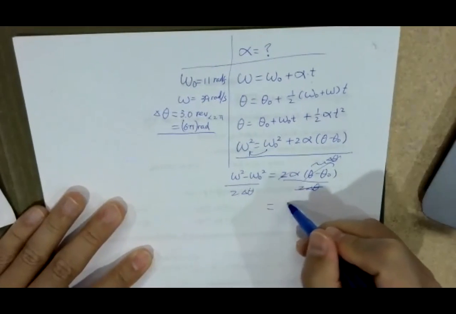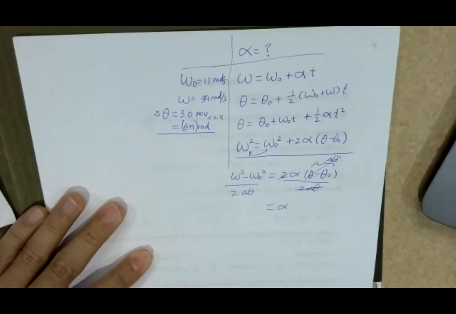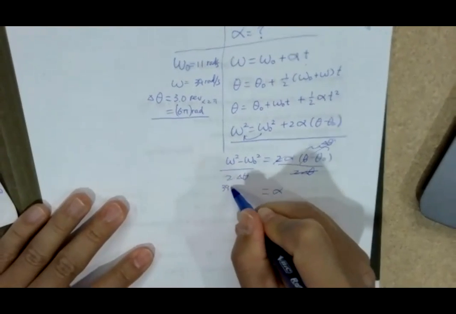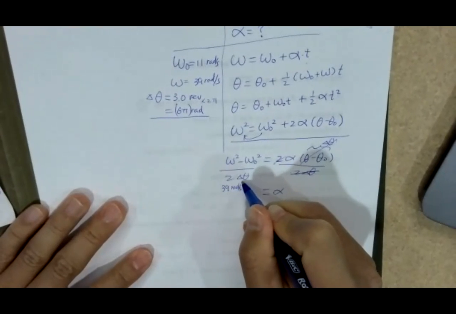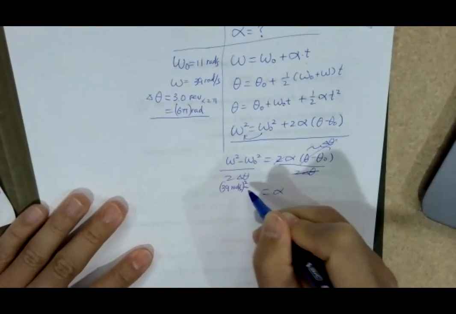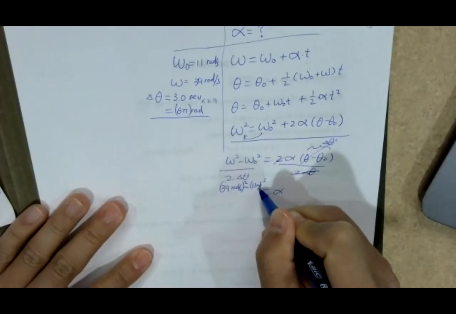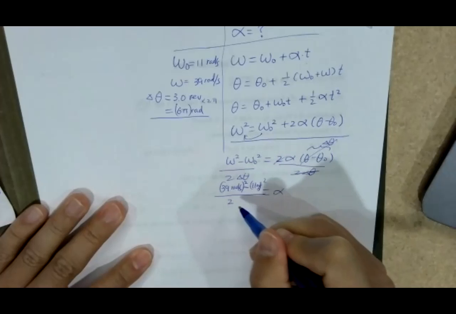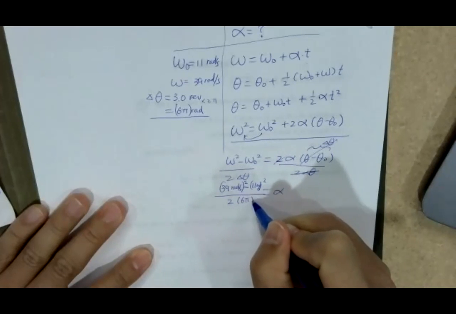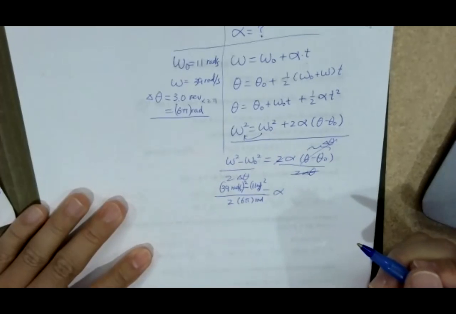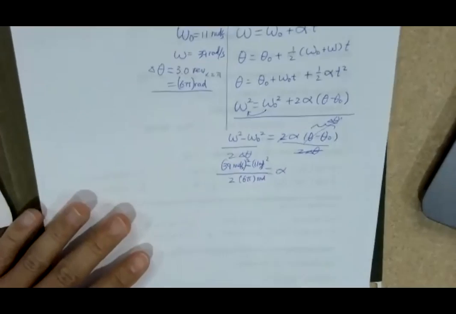So basically alpha is equal to the left-hand side of the equation, okay? So then you'll do 39 radians per second, now do not forget to square, minus 11 radians per second squared, okay? Divide by twice 6 pi in radians, all right? That will give you your alpha.